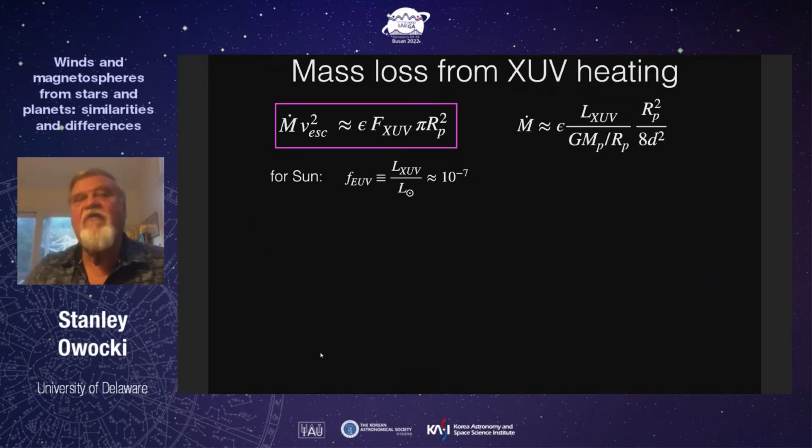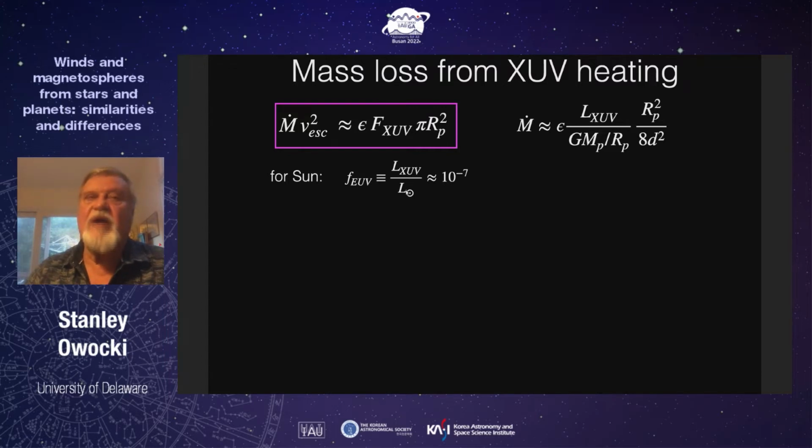So if we now want to quantify how much mass can be lost by this X-ray ultraviolet heating, again, it's a matter of counting how much energy you can deposit to give the material an escape energy. And then there's some kind of efficiency to ultraviolet heating times the cross-section of the planet. You can then solve for the mass loss rate given the luminosity in X-rays and so forth.